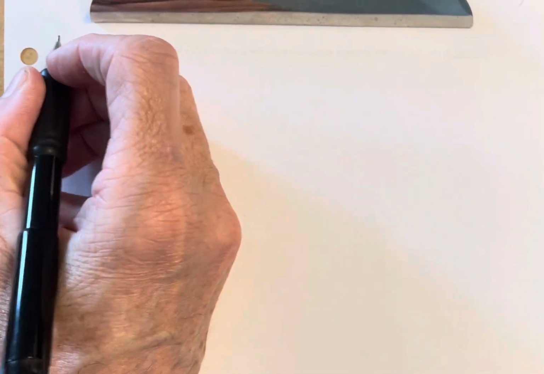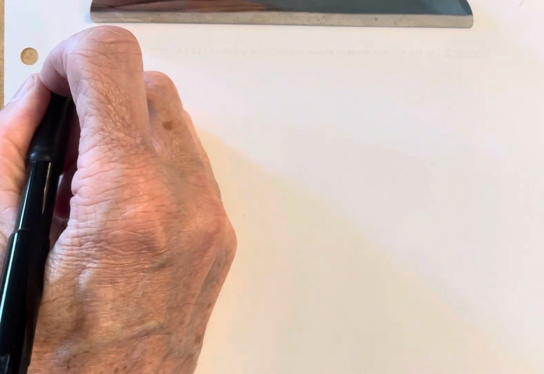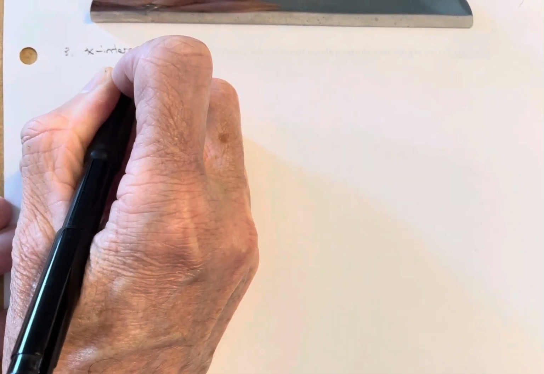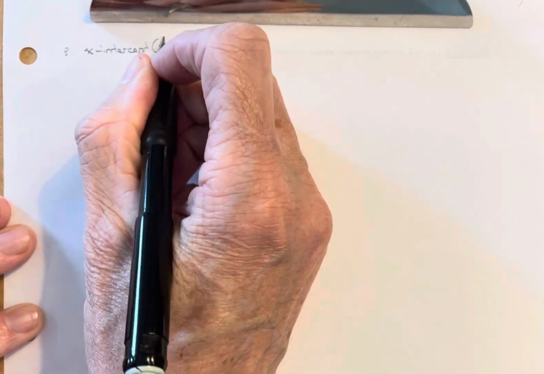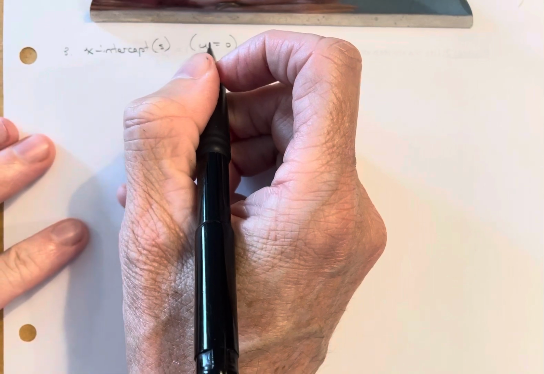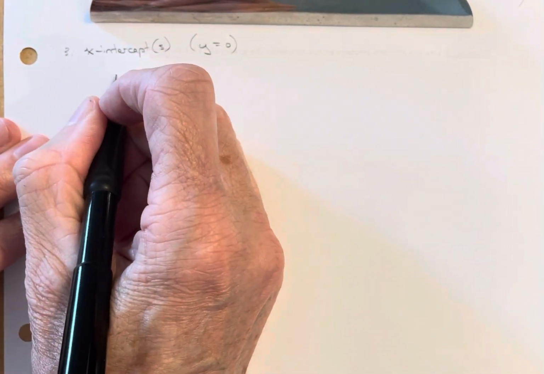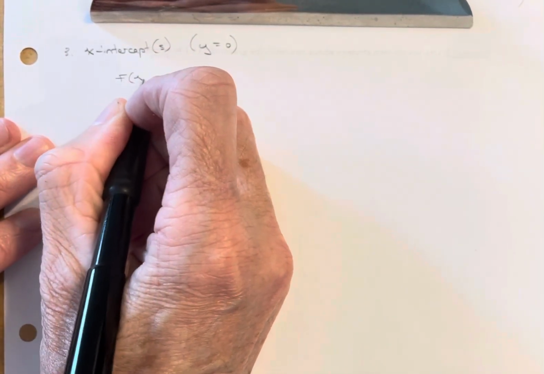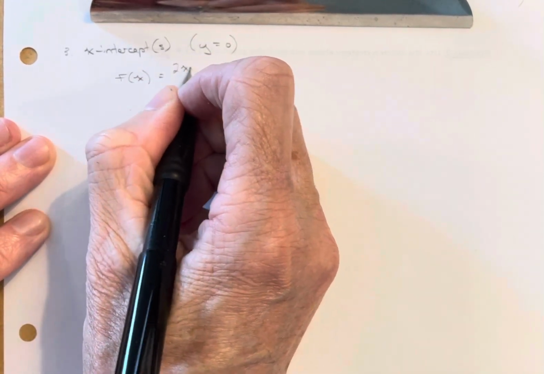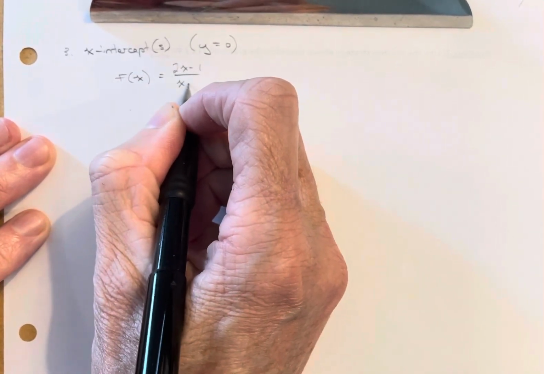Okay, how about x-intercept or intercepts? So step 3, the x-intercept or intercepts, and of course this is when y is equal to 0. So I know that my function f of x is 2x minus 1 over x minus 1.